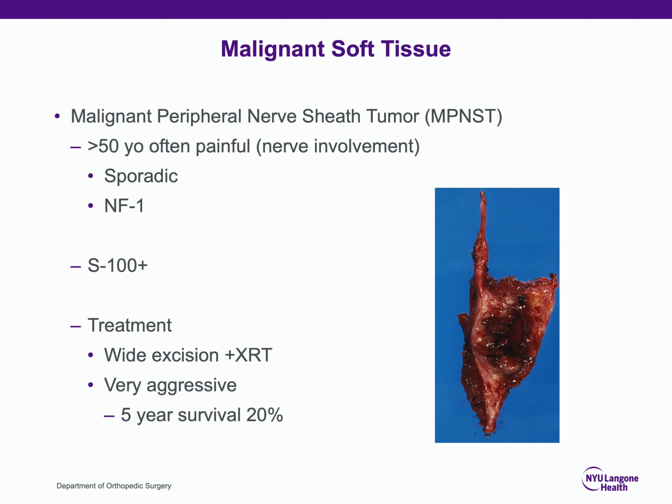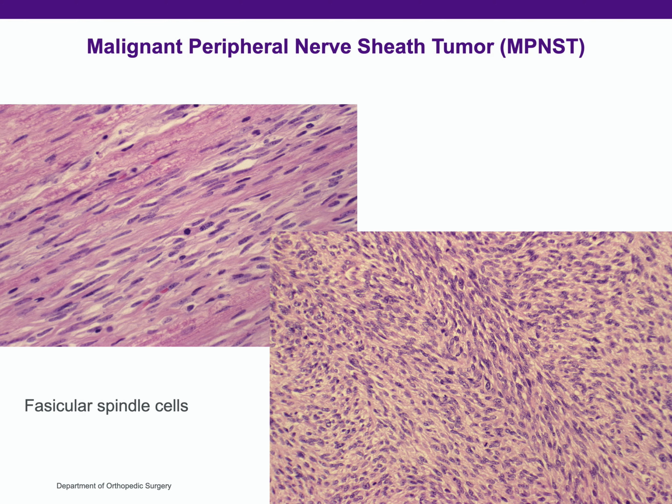So anybody with a history of neurofibromatosis that has a rapidly growing or painful neurofibroma should raise a red flag in terms of concern for malignant degeneration. These are going to stain S100 positive, and the treatment in general for all soft tissue sarcoma is always going to involve wide surgical excision and radiation treatments. These happen to be very aggressive with poor 5-year survival.